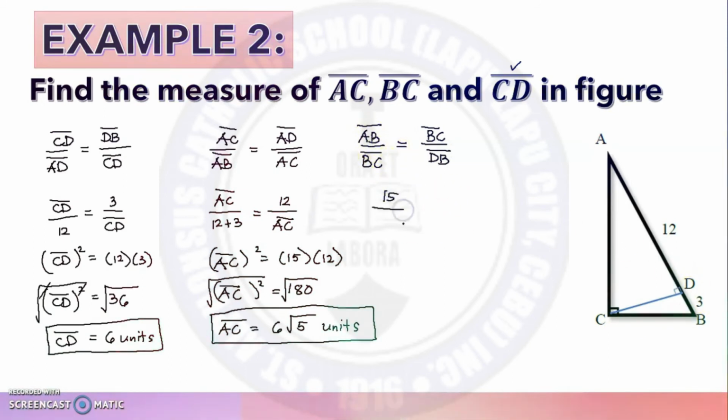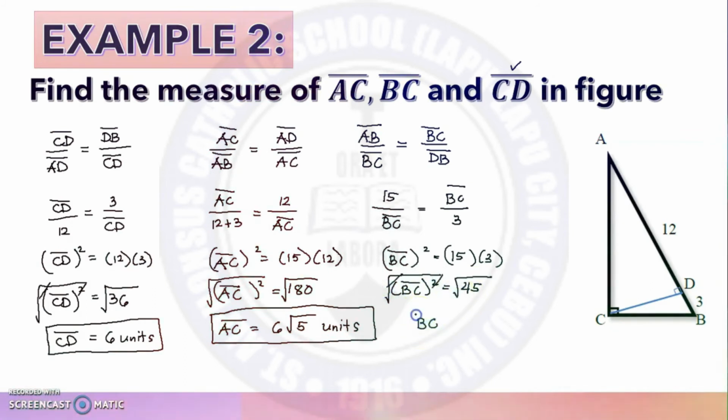AB is 15, BC we don't know, so write BC there, and DB is 3. So we're going to just cross multiply, so it will become BC squared equals 15 times 3. 15 times 3, that is 45, and you're going to extract the square root, so BC is the square root of 45, that is 3 square root of 5 units. Again, we will not accept decimal answers at this time. Your answer should be in the simplest radical.